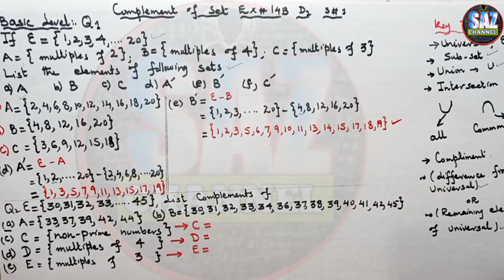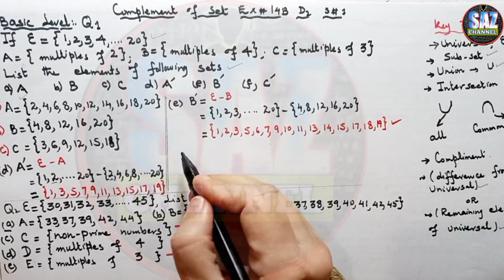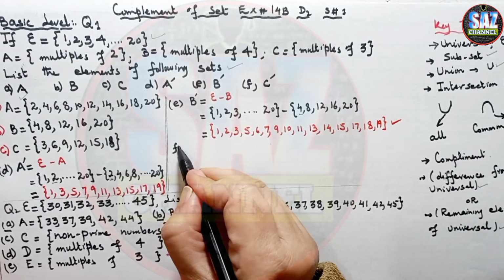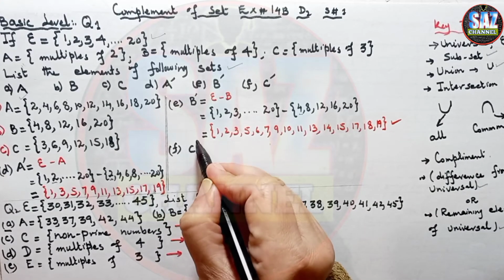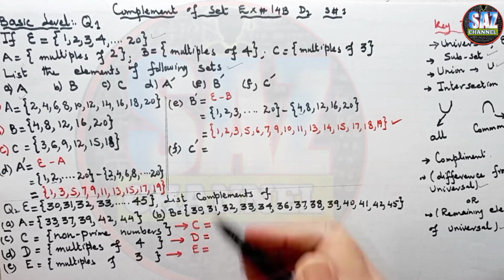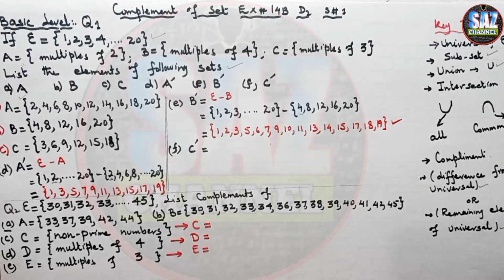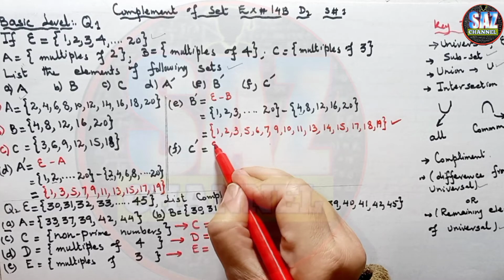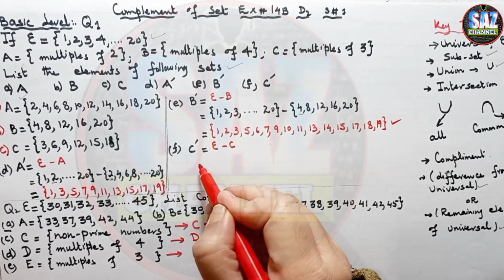And now let me quickly move to the last part of the question, F part, and that is that we have to calculate C complement, and the definition and the formula for the complement is universal minus that set.